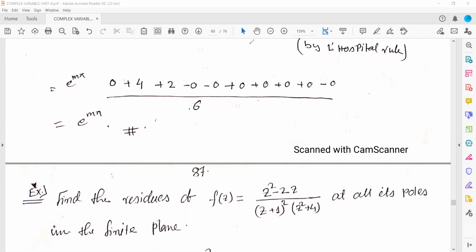Okay. Can you tell me, anyone, what are the poles and what are their orders? How many poles are there? Can you tell me, anyone? Yes, anyone, please?